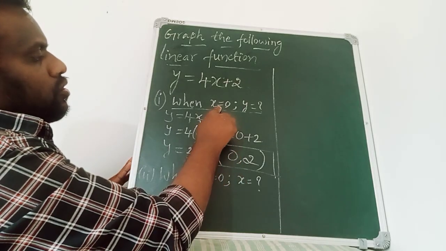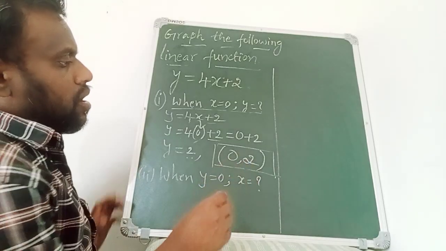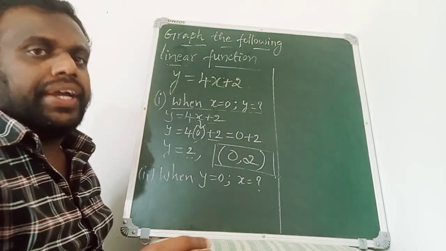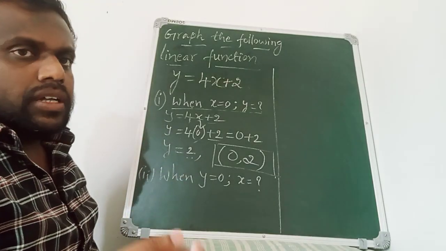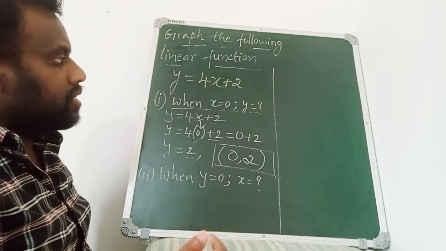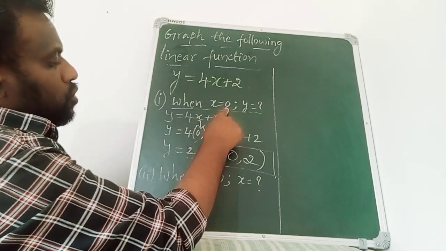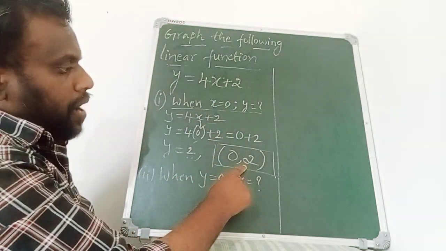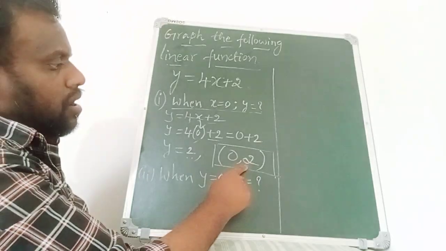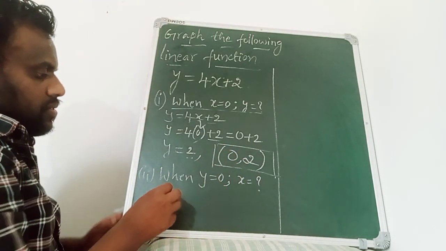See, when x is equal to 0, we get y is equal to 2, and this point is called y-intercept. Remember, the point which we get when x is equal to 0 and y is equal to something, whatever the point we will get, this is called y-intercept.